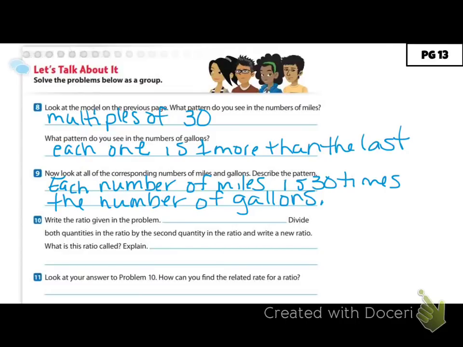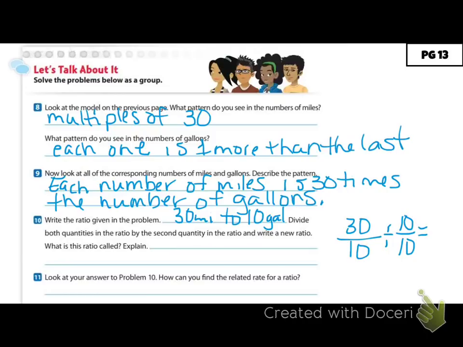Number 10, write the ratio given in the problem. Okay, so our original ratio was 30 miles to 10 gallons. Now we're going to divide both quantities in the ratio by the second quantity, and then write a new ratio. So we're going to take 30, and we're going to write it as a fraction this time, over 10. And we're going to divide both numbers by that bottom number.